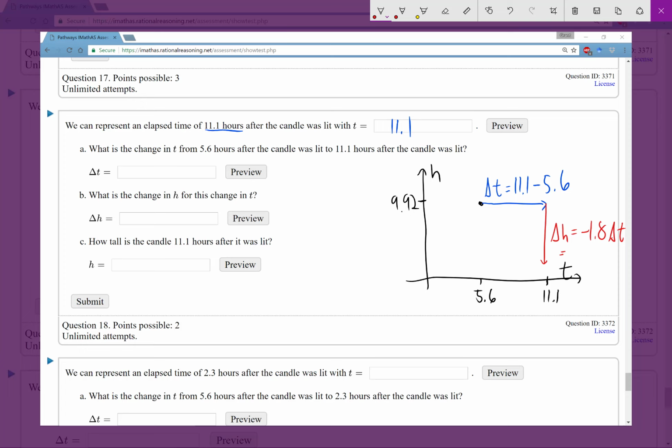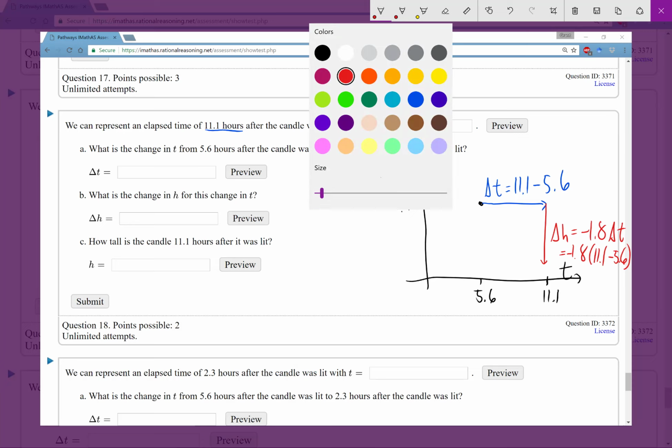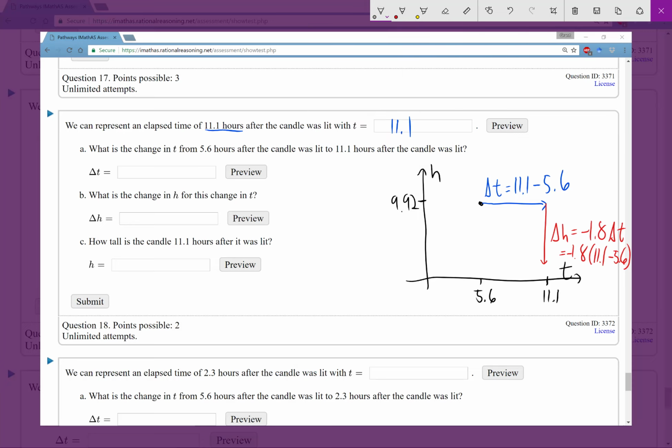So this change in height is going to be equal to negative 1.8 times 11.1 minus 5.6. So the height of the candle, 11.1 hours after it was lit, if we look over to the vertical axis where the values of H are represented, we can actually decide what the height is.